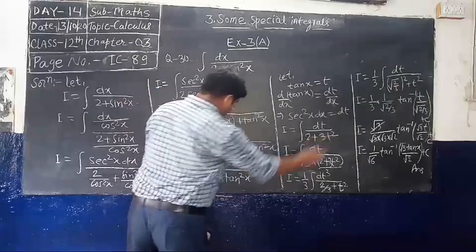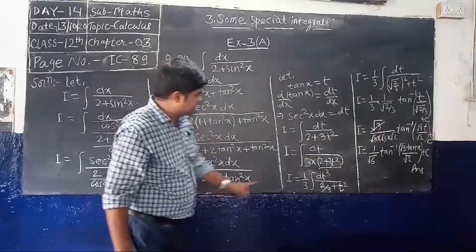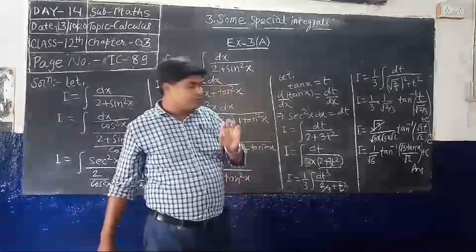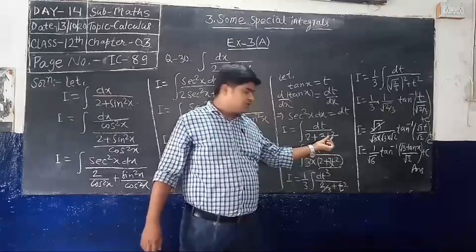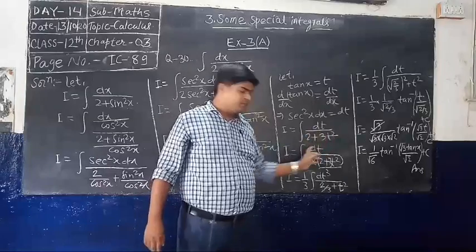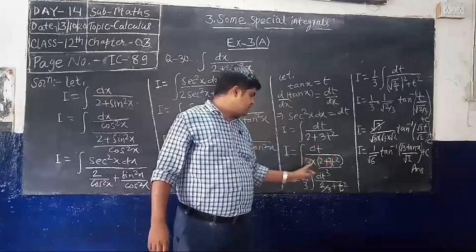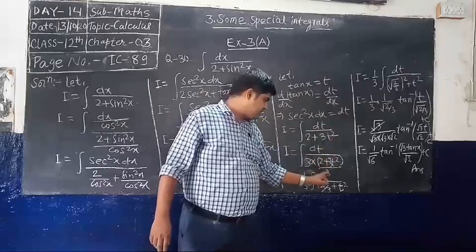Since tan x is equal to t, this is 3t square. Now you will separate the term t square, so you divide and multiply by 3 in the denominator. So I is equal to integration dt by 3 into 2 by 3 plus t square.